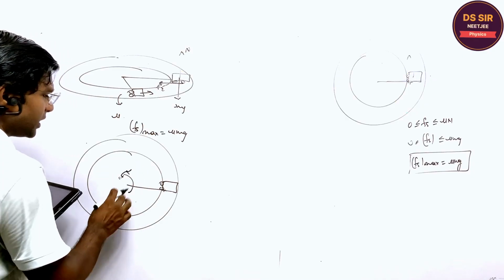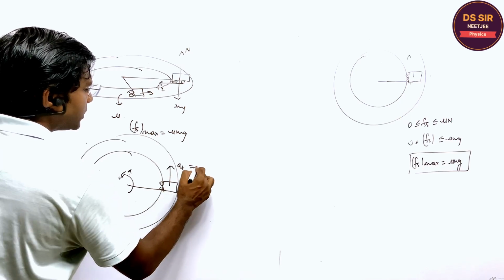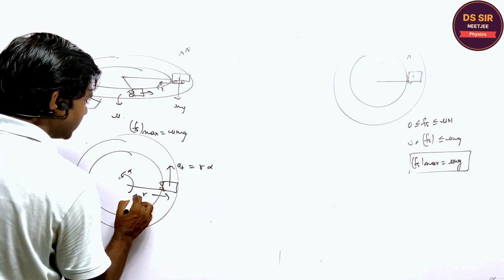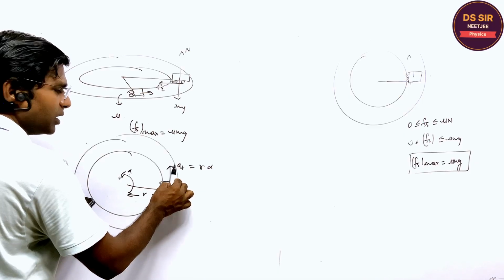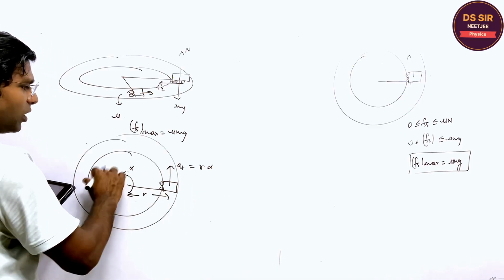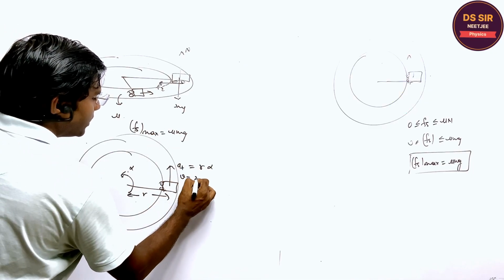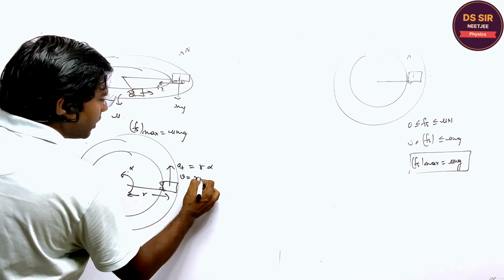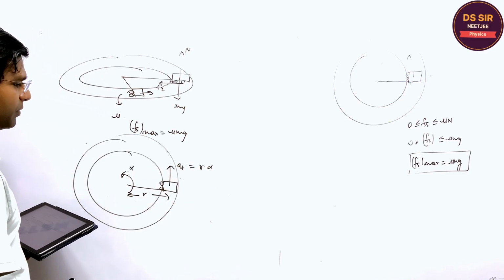Because it has angular acceleration. So what will be the tangential acceleration? Say r into alpha. Due to this rate of change of angular velocity, the speed is also increasing. What is the speed? Say r into omega. What is the tangential acceleration? Say a_t is equal to r into alpha.